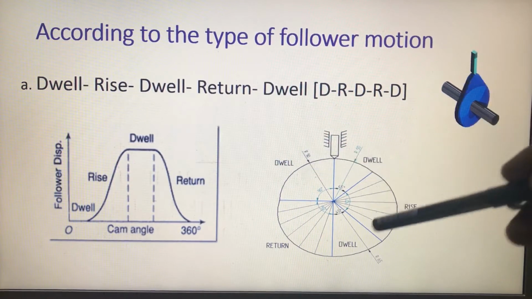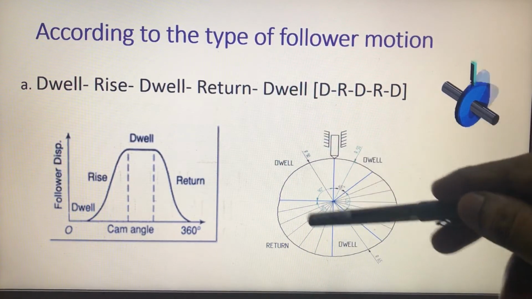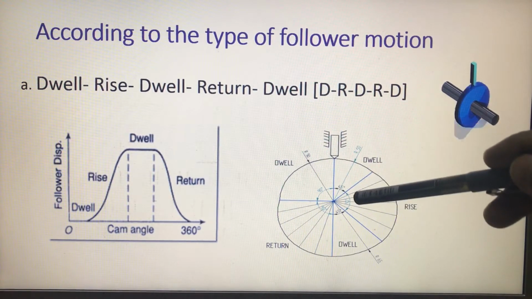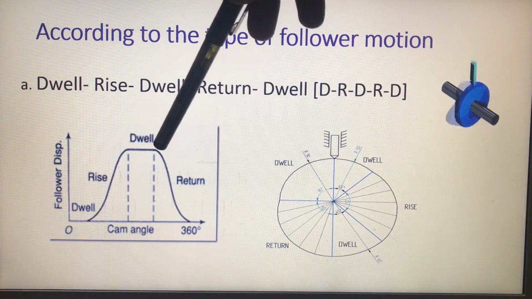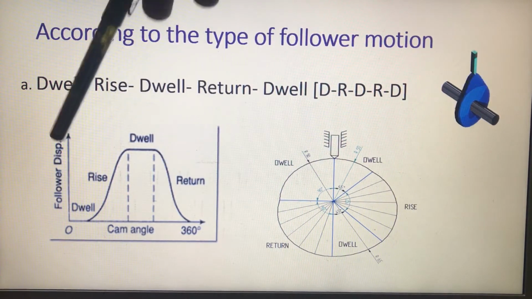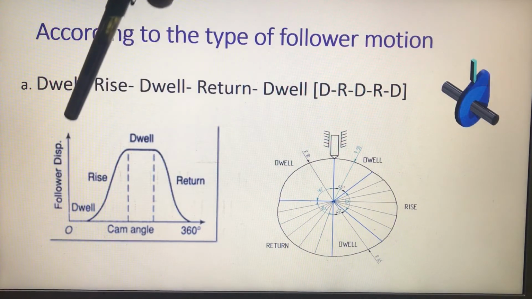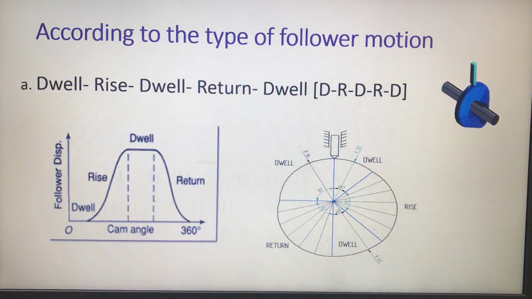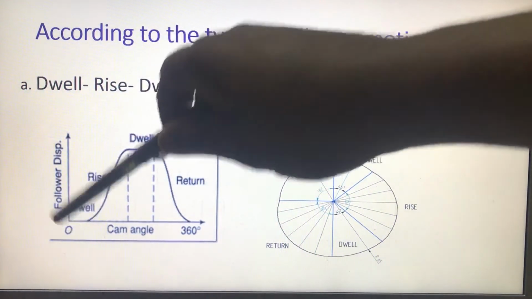So totally you should have 360 degree for the complete rotation. This will be explained through the displacement diagram. On the y-axis it has follower displacement, and on the x-axis it has cam angle. This is 0 degree.